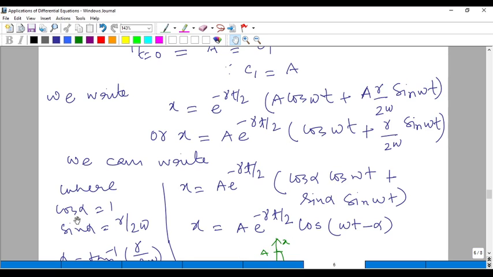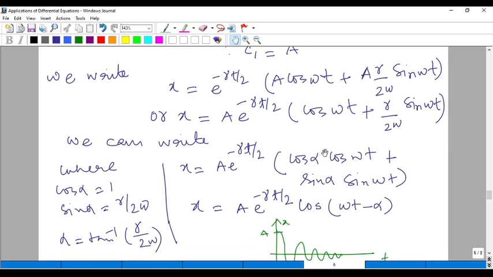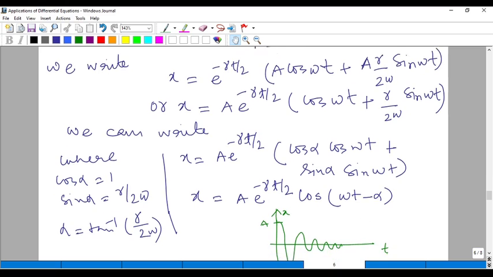So 1 is written in terms of another constant, that is cos alpha is equal to 1, and this gamma by 2 omega is written as sin alpha, that is sin alpha equal to gamma by 2 omega. So x is equal to a e to the minus gamma t by 2 into cos alpha cos omega t plus sin alpha sin omega t. This can be written as cos of omega t minus alpha.